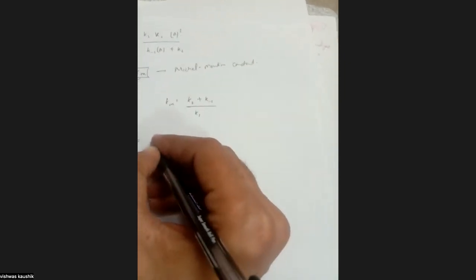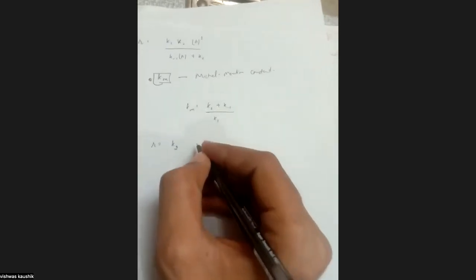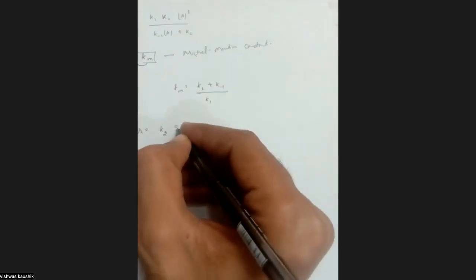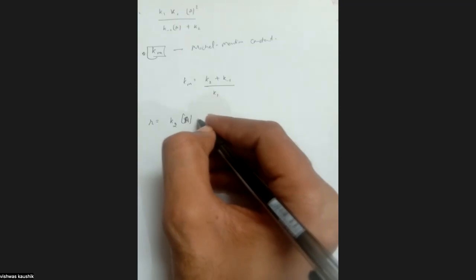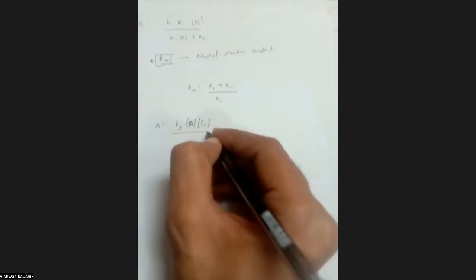But Km was K2 plus K minus 1 upon K1. So rate was equal to K2 into concentration of substrate into concentration of E naught, the catalyst, upon Km plus Ks.